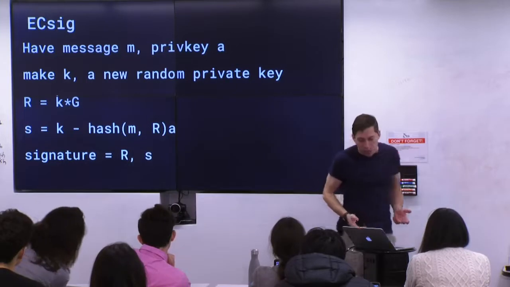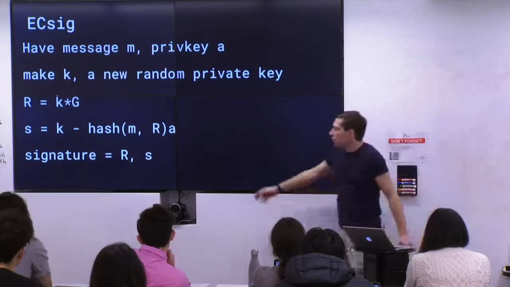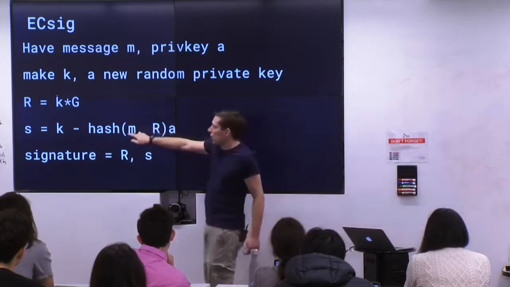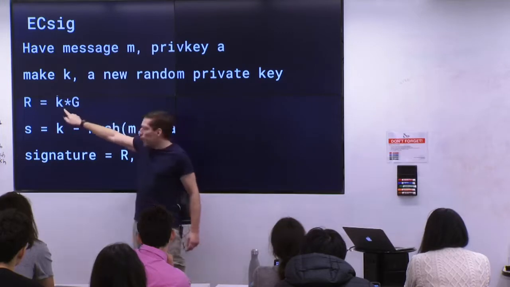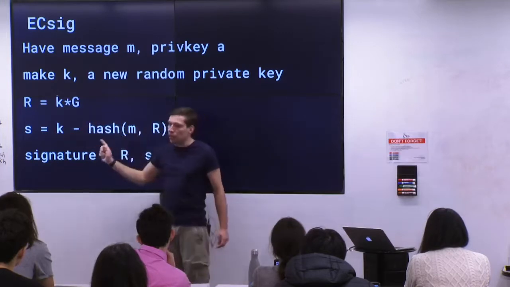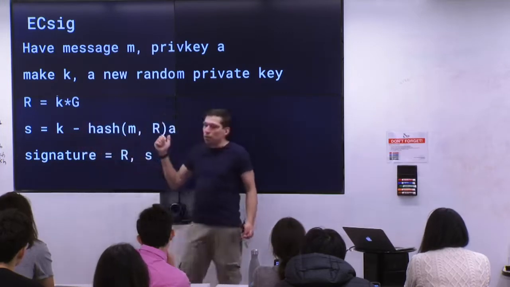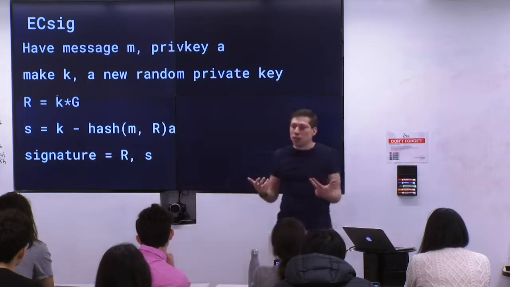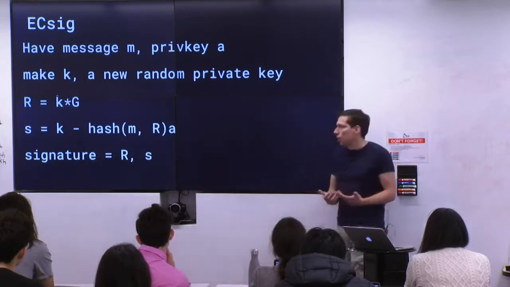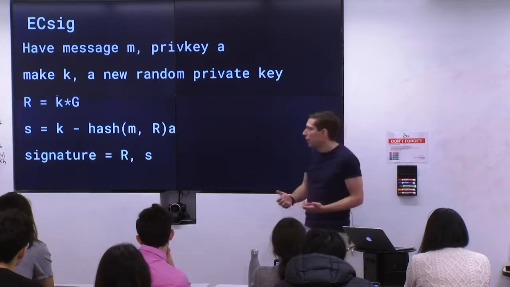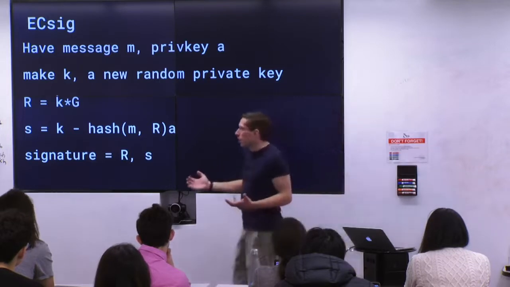So still pretty fast, but slower. And so this signing procedure takes a bit of time. This takes very little time because you're just subtracting and multiplying 32 byte scalar integers, which is much faster. Okay, so does this make sense?